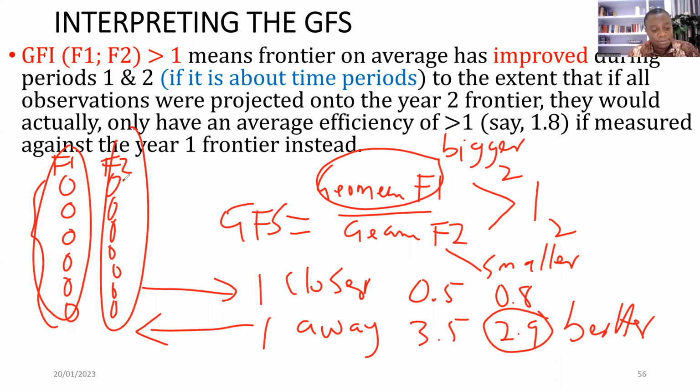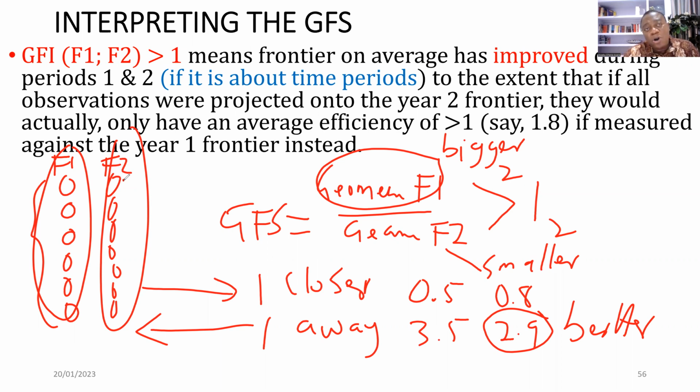What would you say now between the two? So now you can say the foreign firm outperformed the local firm by 53%.